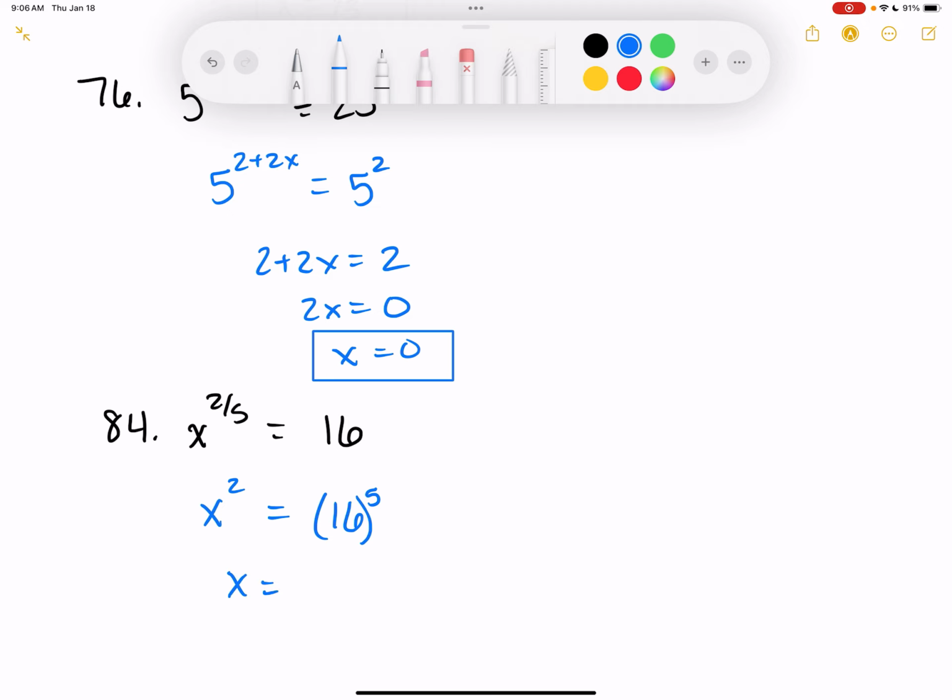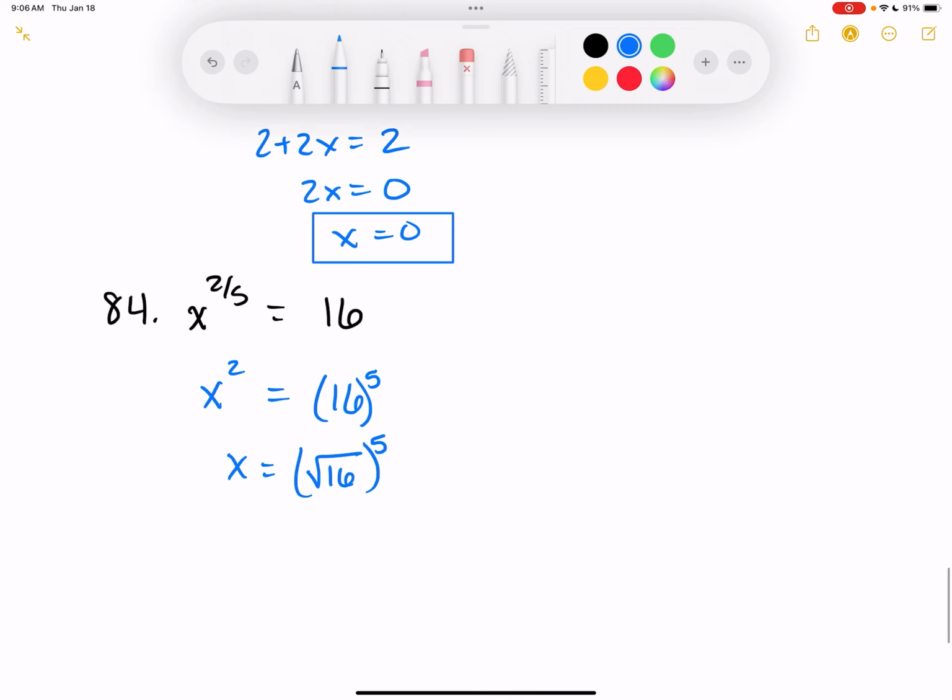So x is equal to, I'm going to write it this way, the square root of 16 raised to the 5th, because it doesn't matter which order you do them in. Now the square root of 16 is 4, so x is equal to 4 to the 5th, which you probably don't know off the top of your head, so at that point we would need a calculator.